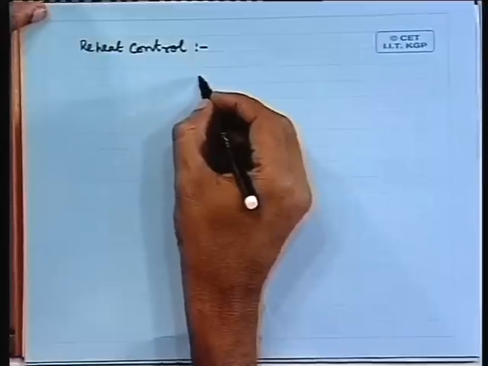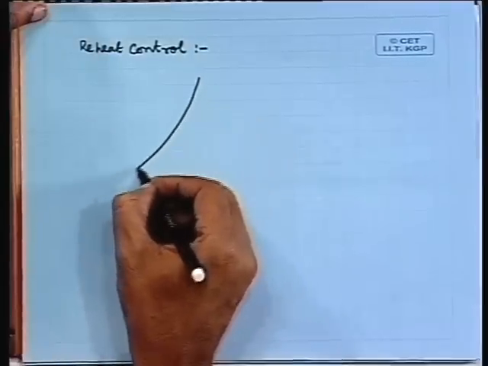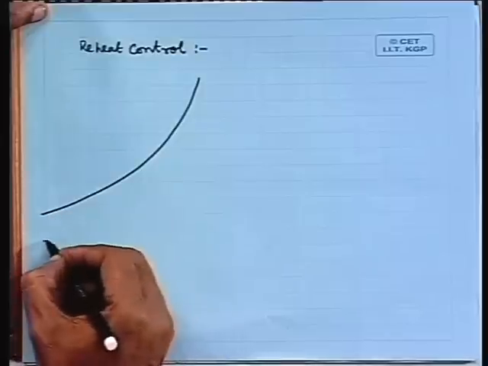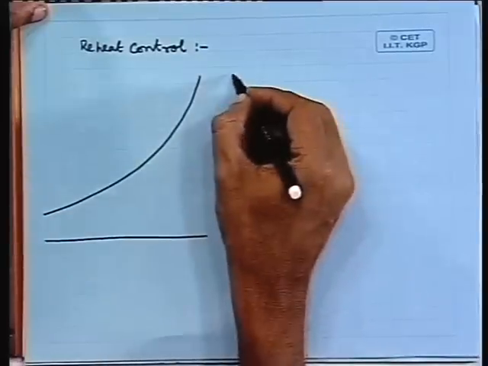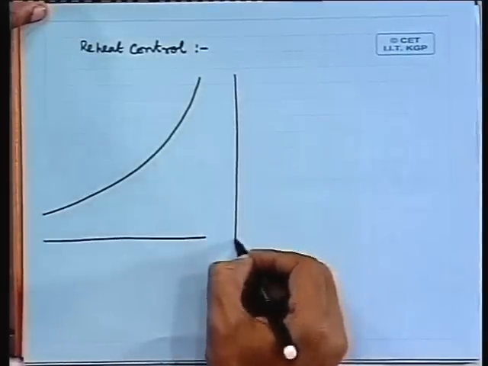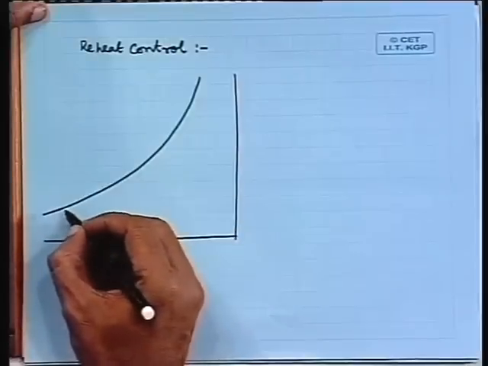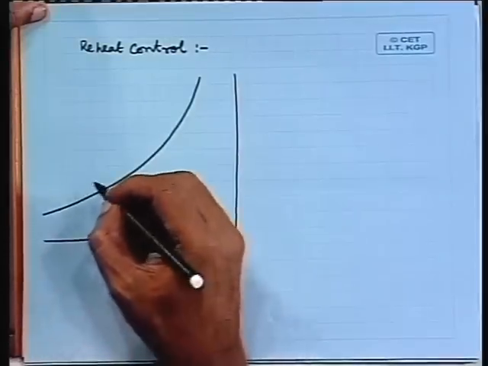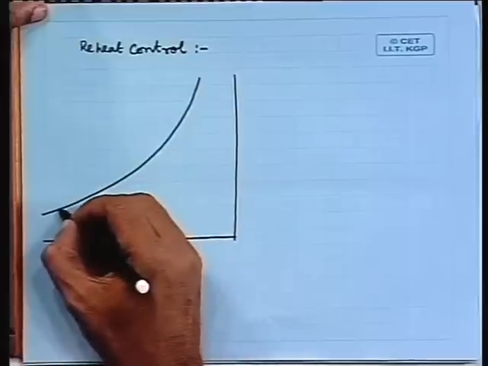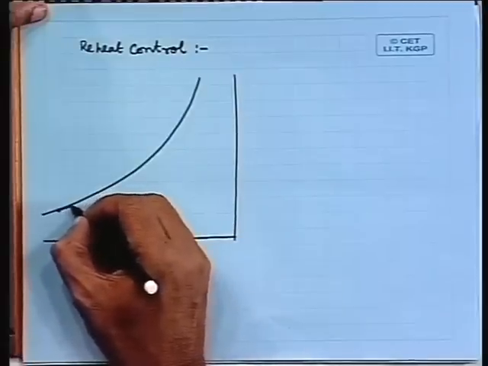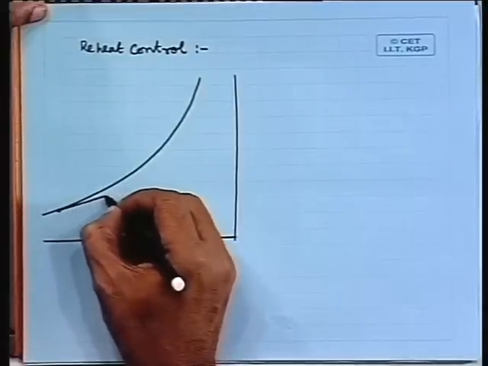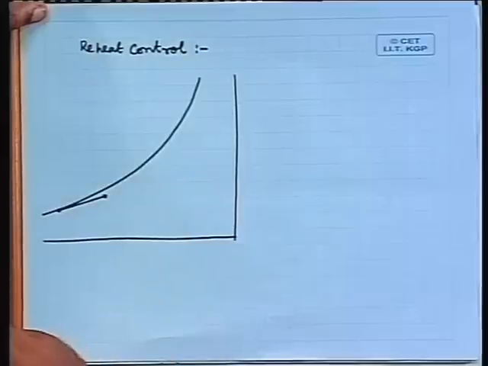Well, let me draw the psychrometric diagram first, and then we will go for the other diagram. So, basically, this is the apparatus dew point temperature, this is where air will be supplied.